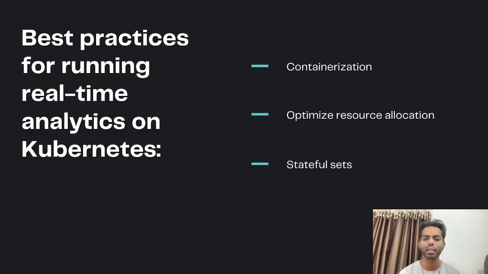Real-time analytics applications can consume significant resources, so it's important to optimize resource allocation to ensure efficient use of resources. Last but not the least, StatefulSets. Real-time analytics applications often require persistent storage such as databases or message queues. Kubernetes provides StatefulSets, which are a way to manage stateful applications with persistent storage such as databases or message queues, ensuring that the data is consistent and available.